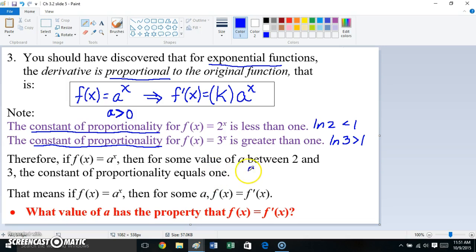So we're saying that for some f of x equals a to the x, its derivative is also a to the x, where the constant of proportionality is 1. Do you have any idea what value that might be?